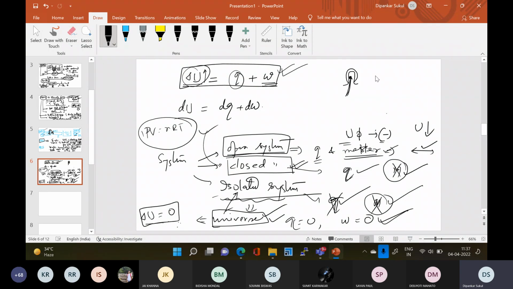Both volume and pressure are increasing inside that balloon. But following this equation, P should vary as 1 by V at constant temperature.